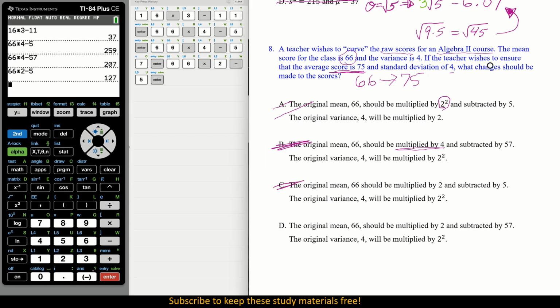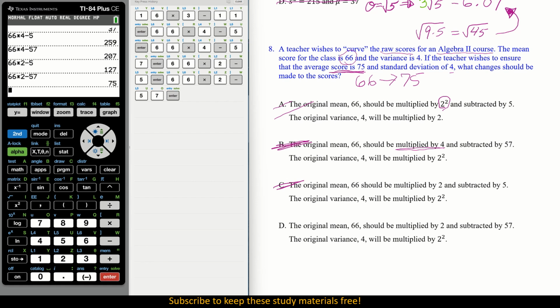That's not going to work either. Cross your fingers, this last one's got to be it. If it isn't, then I need to go back and look at what I told you guys to do. 66 times 2 minus 57. Let's see what happens. It is. Oh, thank goodness. It's a possibility. At least the first line works.